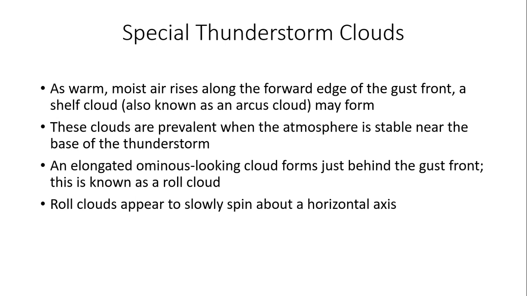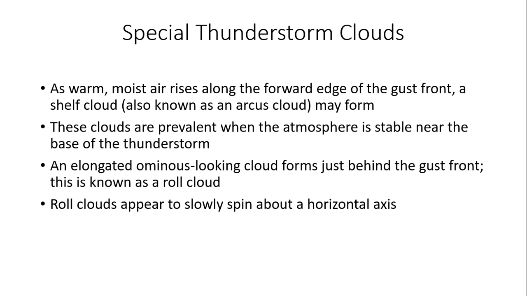Now, with gust fronts and with other thunderstorm features, we also have special thunderstorm cloud types. So as that warm, moist air rises along the forward edge of the gust front itself, a cloud known as a shelf cloud forms. This is also known as an Arcus cloud. I'm going to have a picture of what these look like here in a minute, by the way.